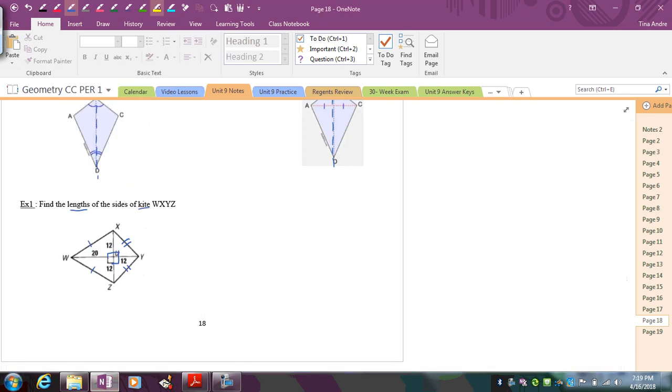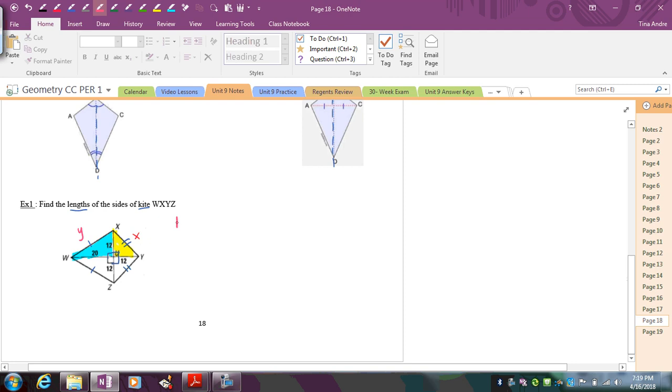If I look at this right triangle here, which is congruent to this right triangle over here, if I can find, let's say, X, that'll give me these two sides. And then I could use this right triangle right here to find this other missing side. I'll call that Y. We're just going to be using the Pythagorean theorem here to find our unknown values.